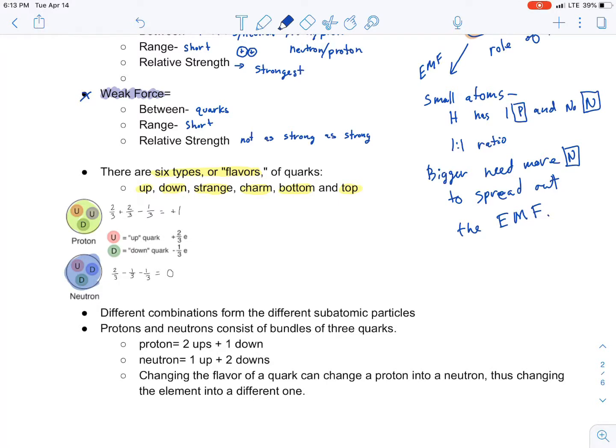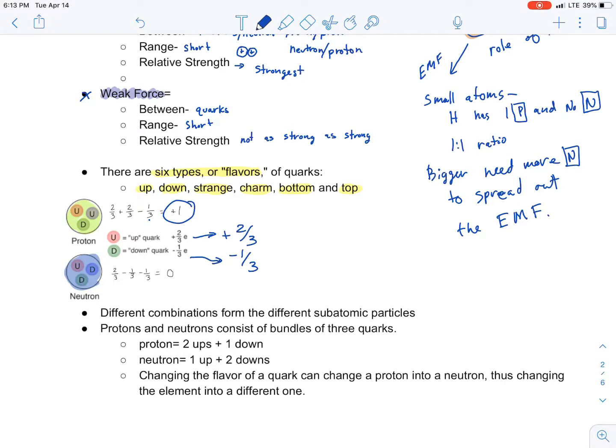Now, the quarks have little charges, and the up quark's charge is positive 2/3. The down quark is minus 1/3. That's the charge of the quark, in comparison to an electron. So why is a proton positive? 2/3 plus 2/3 is 4/3, minus 1/3 equals positive 1.